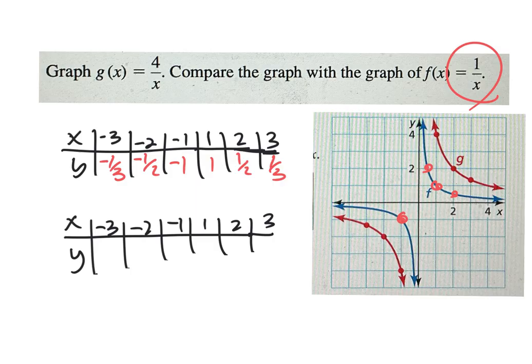Now the second one, I'm going backwards. If you put 4 over x, if I put -3 in there, I get -4/3, -2 gives -2, -4 gives +1, +4 gives +1, +2 gives 2, and then 4/3. That's just putting the numbers in that bottom number right there. So look what happens then. Instead of -1, -1, you get -2, -2, which is that point right there.